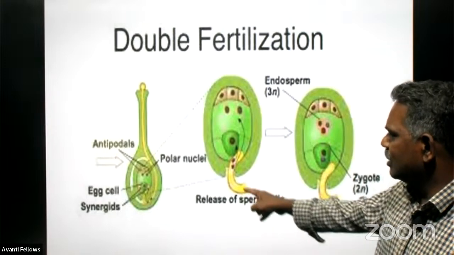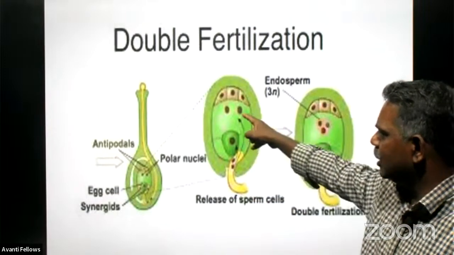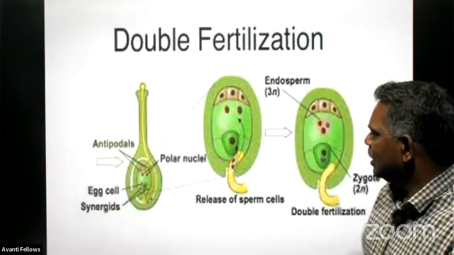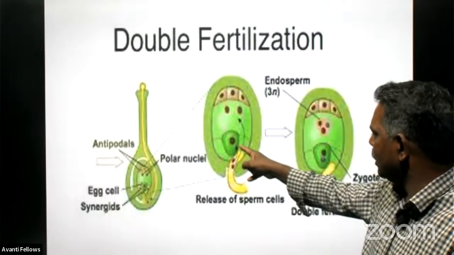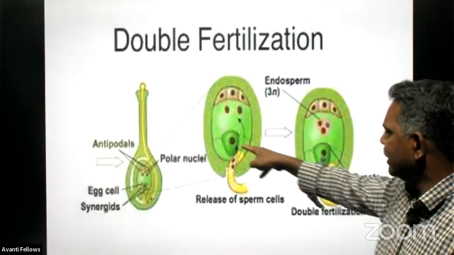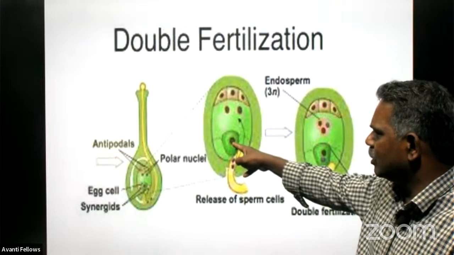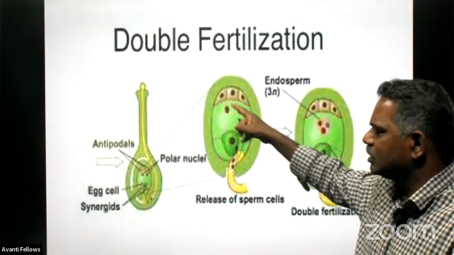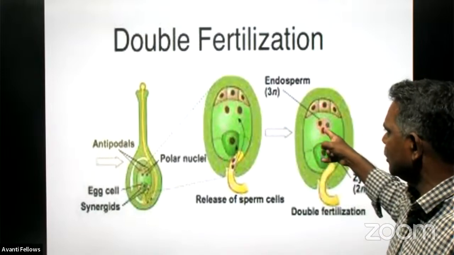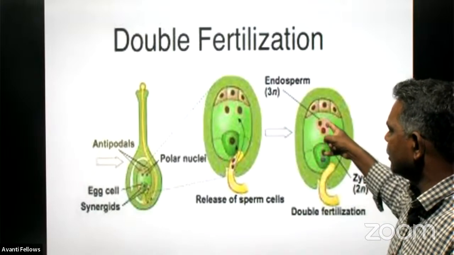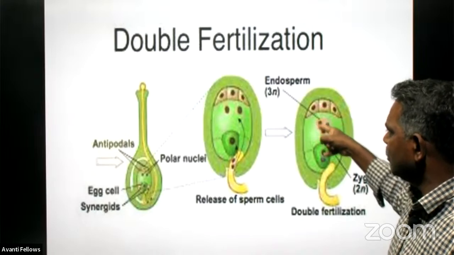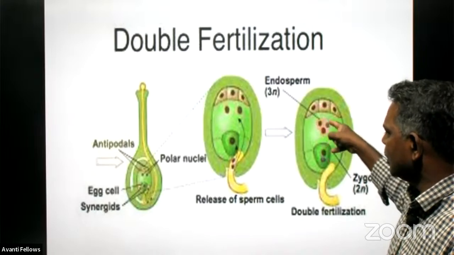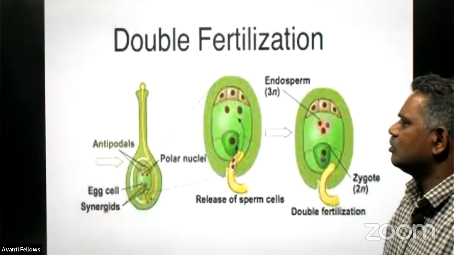So sperm cells, the male nuclei, are released into the embryo sac. One male nucleus fuses with the egg cell present here, and that develops to become the zygote. Another male nucleus fertilizes the two polar nuclei located at the center, and that develops to become a triploid cell, called the primary endosperm nucleus.